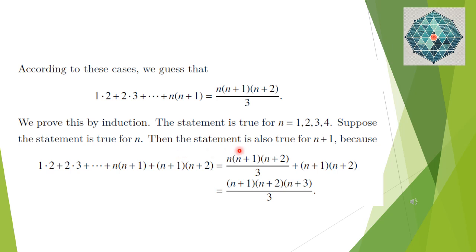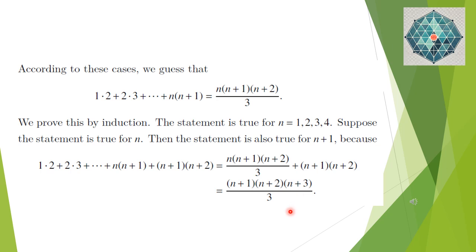Then it is also true for n plus 1 because the sum up to n plus 1 is the sum up to n plus 1 times n plus 2, which equals n times n plus 1 times n plus 2 divided by 3 plus n plus 1 times n plus 2, which simplifies to n plus 1 times n plus 2 times n plus 3 divided by 3.